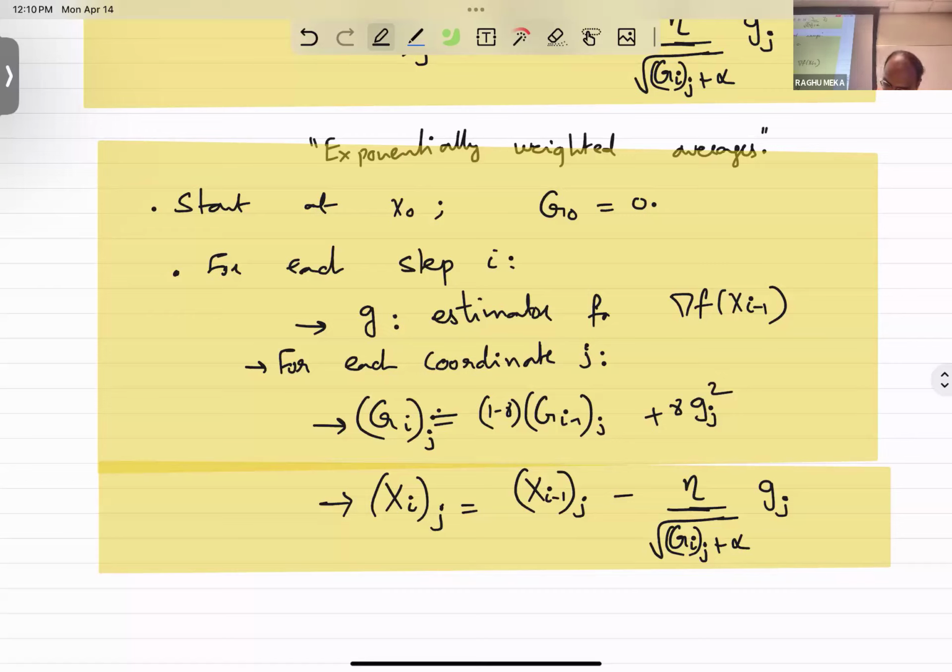Okay. And here, maybe let me use a different color to make it clearer. Think of this as some parameter. Maybe I'm going to set it to be 0.99 or 0.01. So what it's saying is, as time goes on, the previous gradients will keep getting hit with this 1 minus gamma, right?